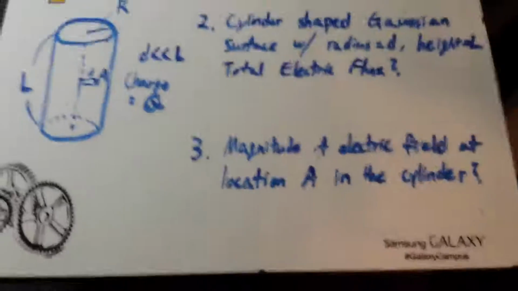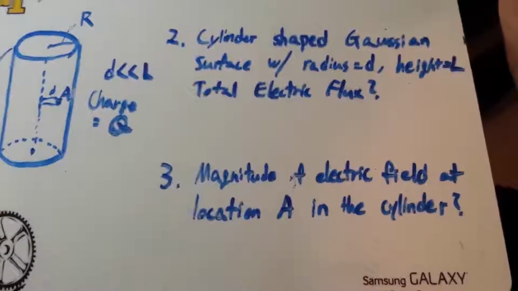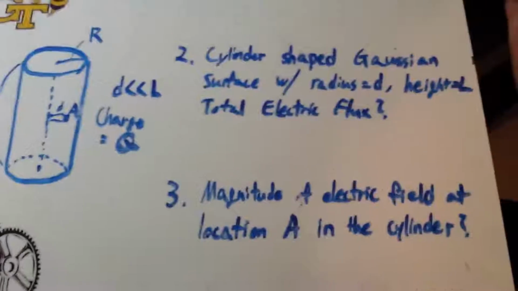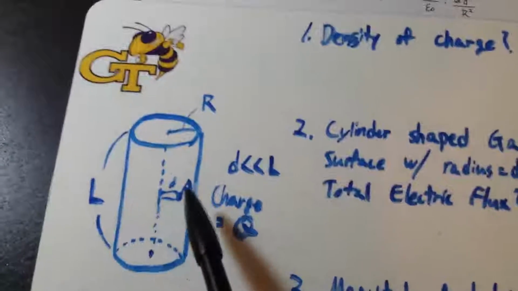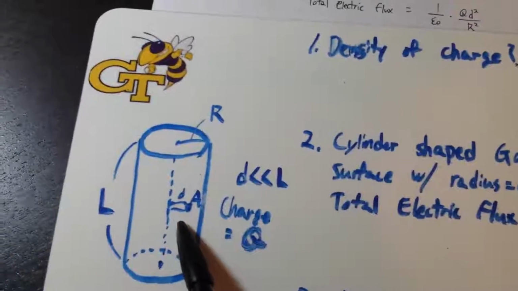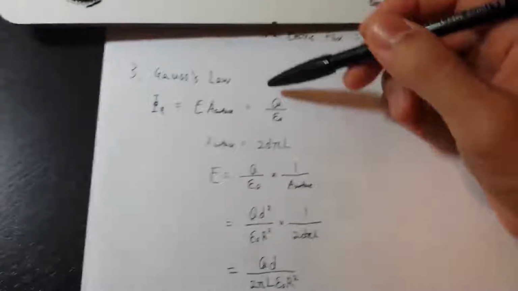The third problem of this question asks us to find the magnitude of the electric field at location A in the cylinder. In this diagram, we have point A separated by distance d from the midpoint of the cylinder. For this third problem, we also have to use Gauss's law again.